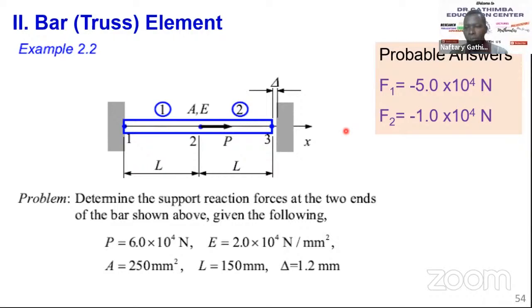Before I open the class to questions, let me see whether we have any question in the live chat. Samuel Durian, you're asking, sir, in K2 matrix, is it U2, U3, or U1, U2?